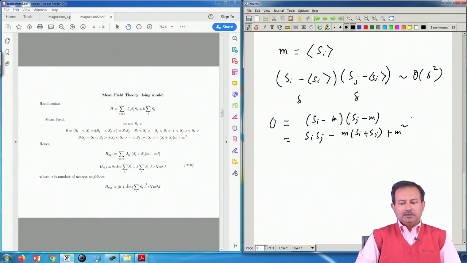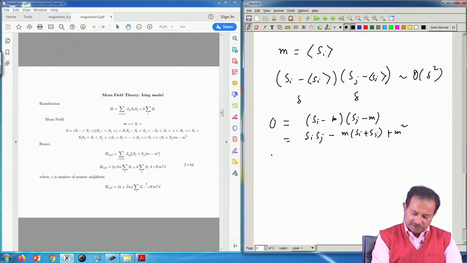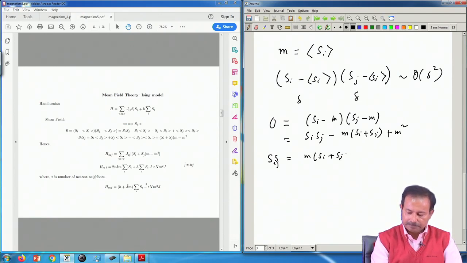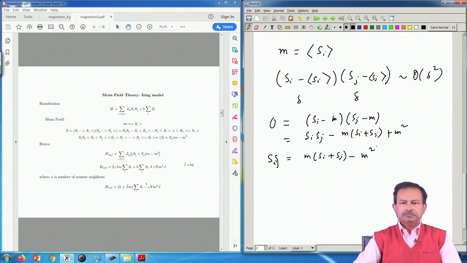Okay. So, S_i S_j, in this approximation, equals m into (S_i plus S_j), and I bring the m square to the other side with a minus. Okay. So, that is the approximation that one does.